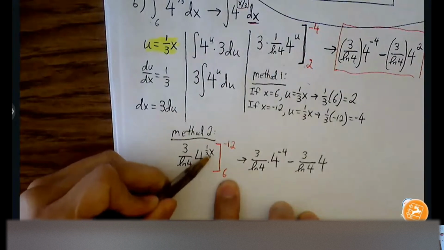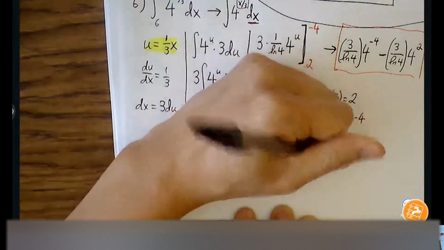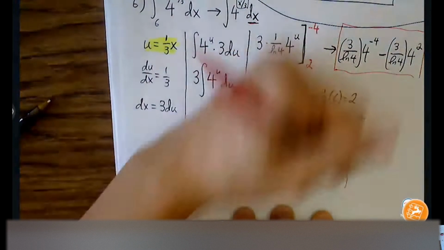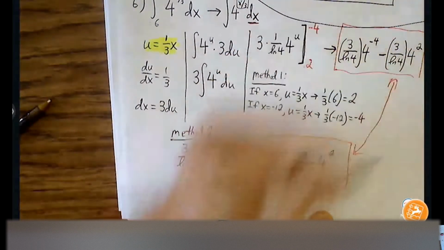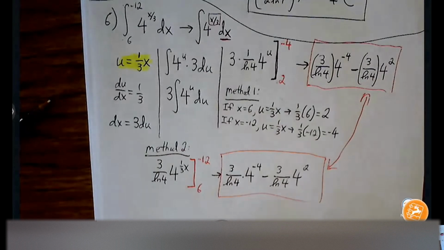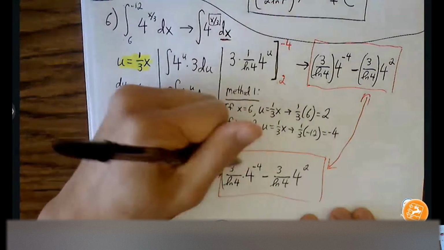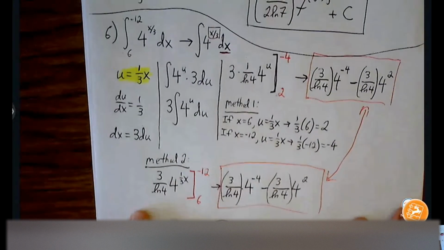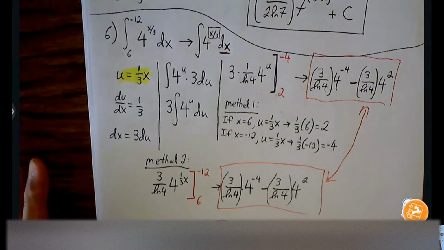Six in for x, 6/3 is 2. Okay, if you look, same results. Okay, questions?